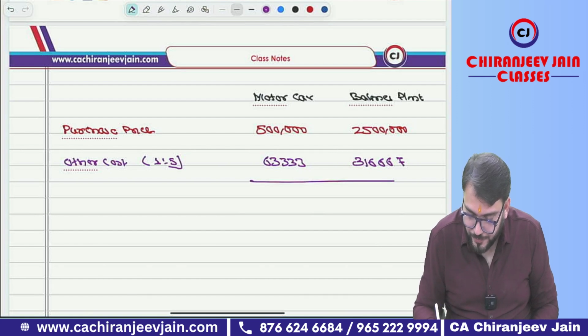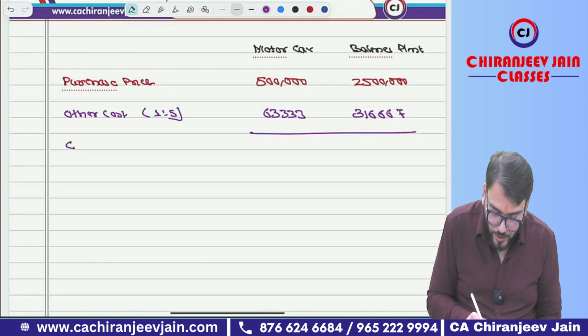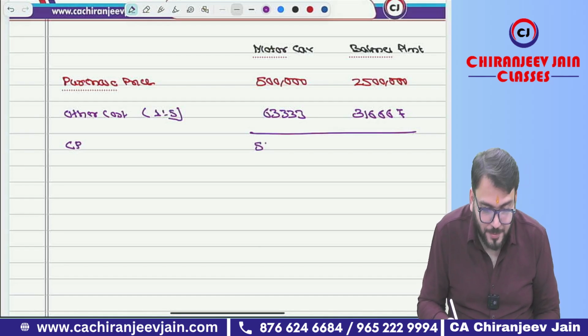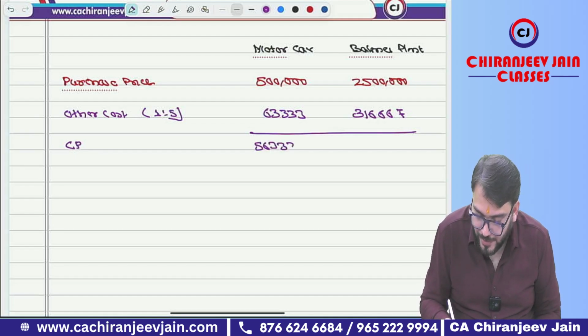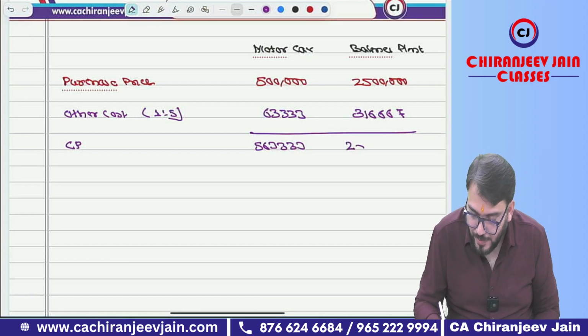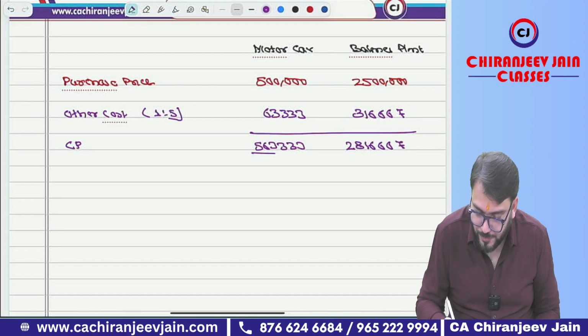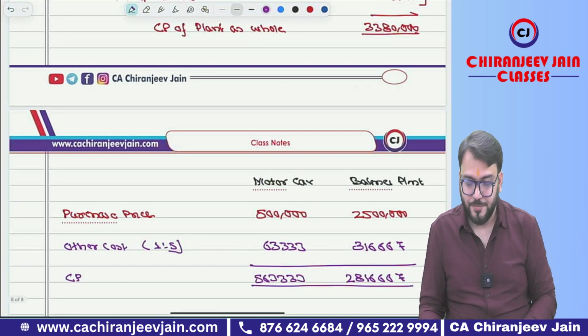So the total cost price of the motor becomes 5,63,333 and of the plant 28,16,667. Understood? This becomes the initial cost price.